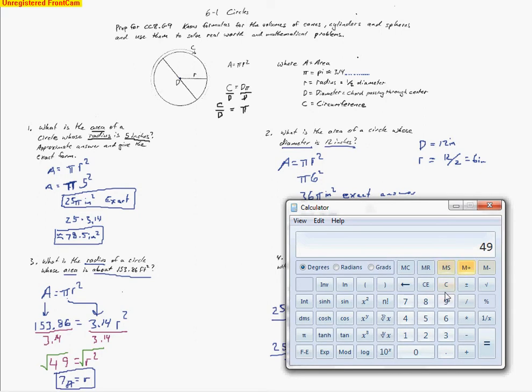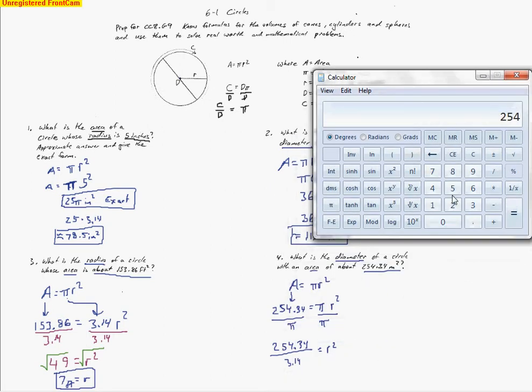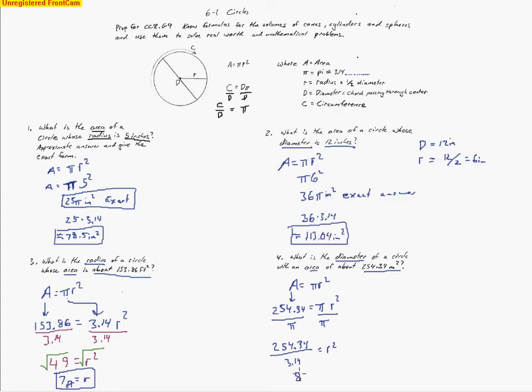So in our calculator, we'll punch in 254.34, and I'm dividing it by 3 14/100, and that gives me 81. So 81 equals r squared. So the next step is just to take the square root, because I know what the radius squared is, and if that's 81, then the radius must be 9.